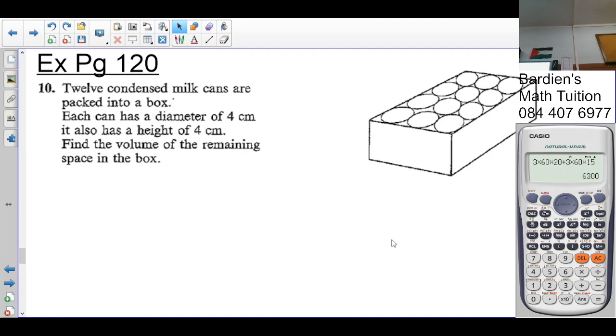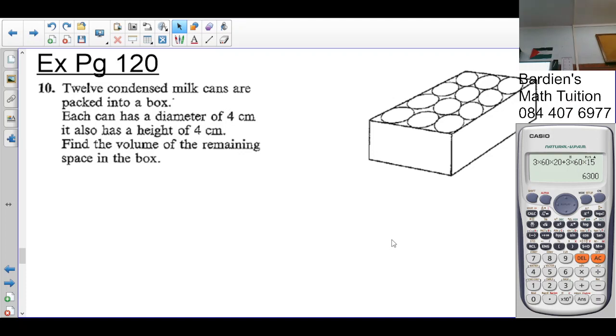You don't know what condensed milk is? You do? You don't drink condensed milk in your tea? You drink it this one? Or you take it with a spoon and eat it? Nice.